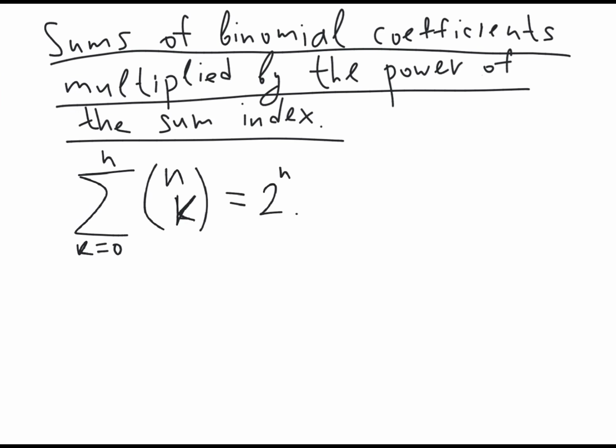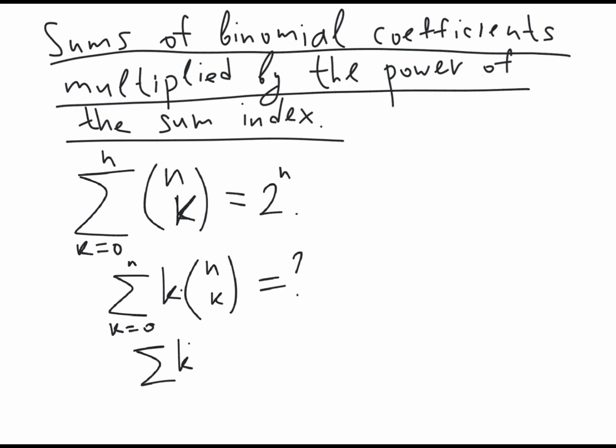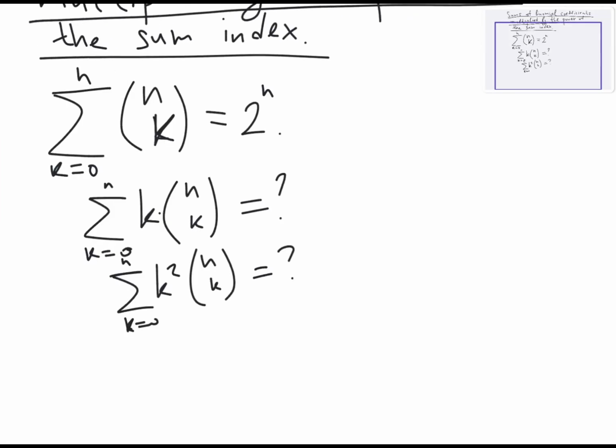So in this video I'm going to calculate sums of the form: the sum of k multiplied by the binomial coefficient n choose k for k from 0 to n, and also the sum of k squared, k cubed, and so on.